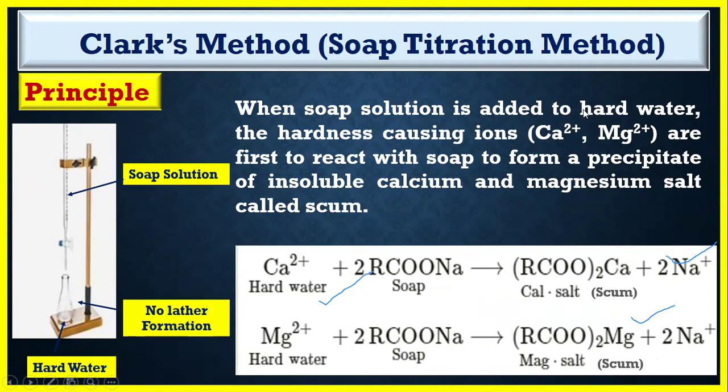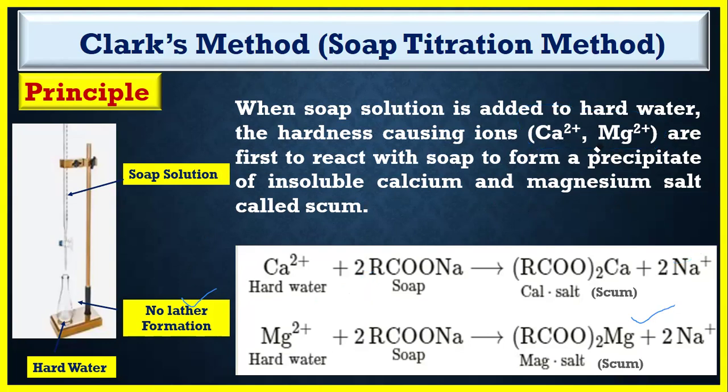So when soap solution is added to hard water, the hardness-causing ions present in the sample, that is calcium and magnesium ions, react with the soap. Therefore, the soap is not available to form lather. So lather is not formed when we add the soap solution to the hard water. Why? Because the hardness-causing ions form scum with the soap solution.